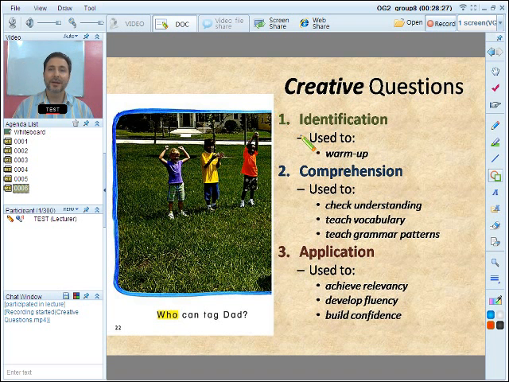Okay? So again, you can spend more time on identification or comprehension or even application based on the level of the learner, but please don't skip. The idea is step 1, step 2, step 3.